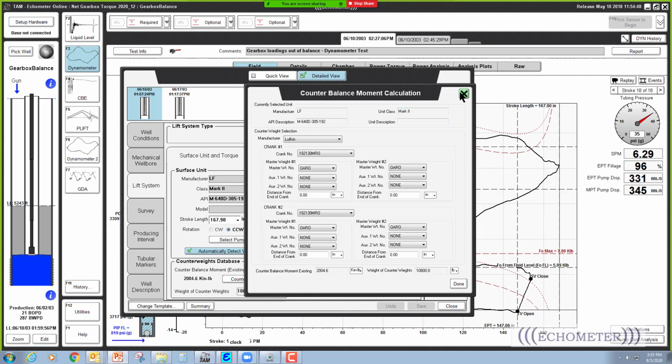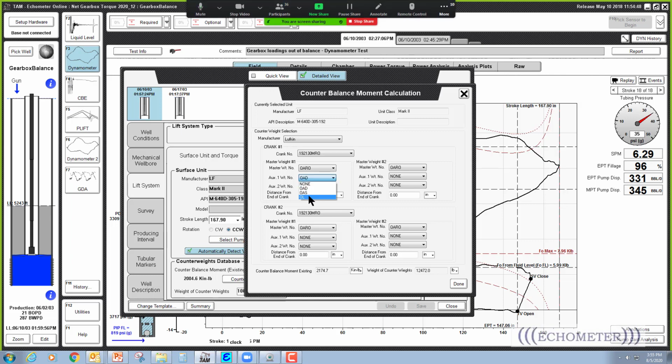If I exit here, first of all, let me show what we did. If we click right here and click on OAD, we'll see that this number changes from 2004 to adding one weight, which is 170,000 inch-pounds of torque from that one OAD weight. We need to add more than 291,000 inch-pounds of torque, so we need to add two OAD weights.